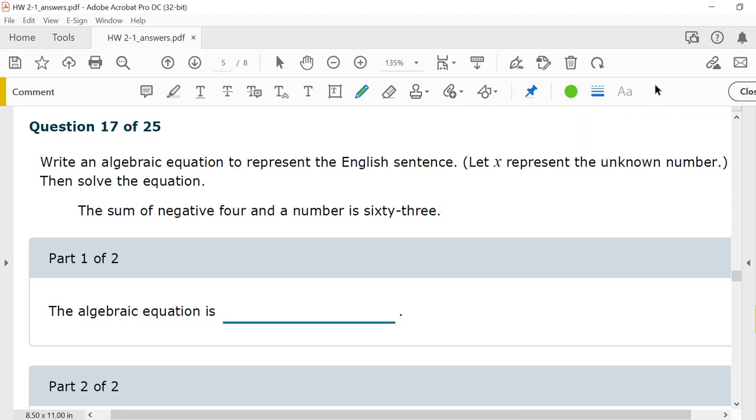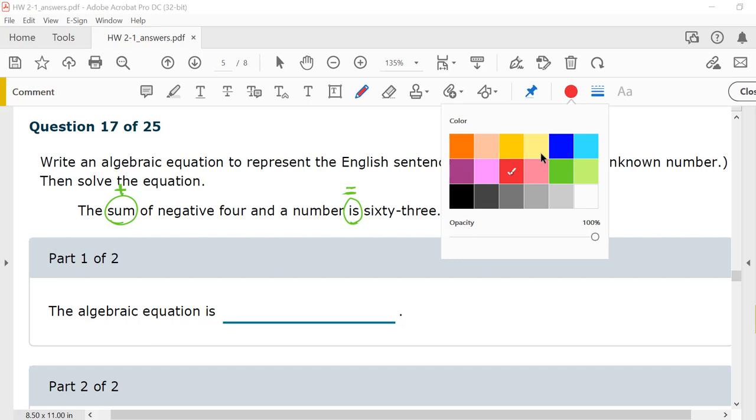I always go through and circle the keywords like sum. Sum means you're going to add two things. The word is usually denotes equals. And as we keep going through more of these, I'll point out more of the words.